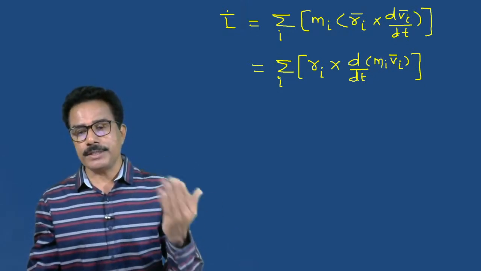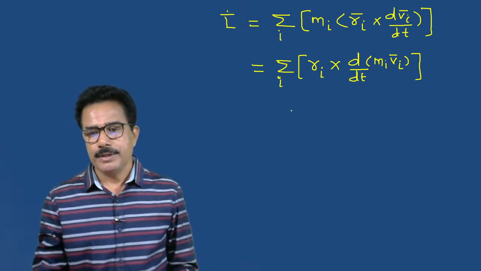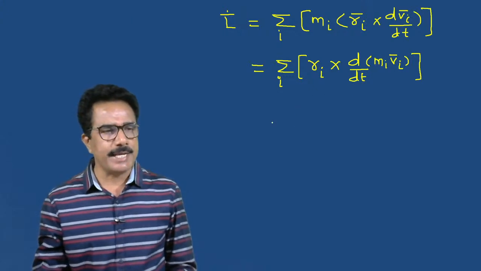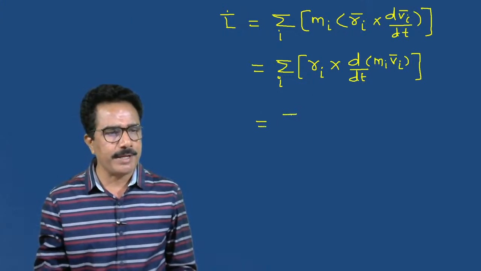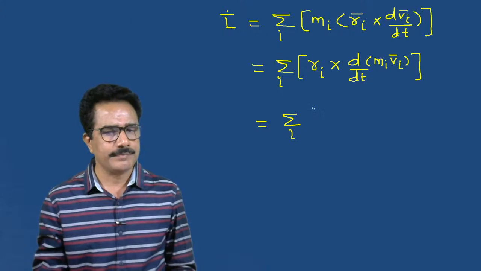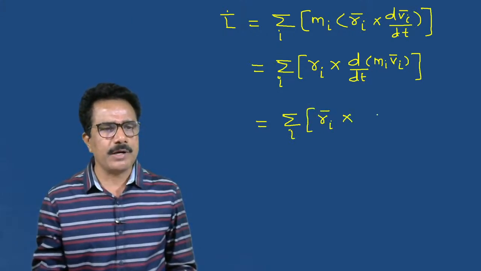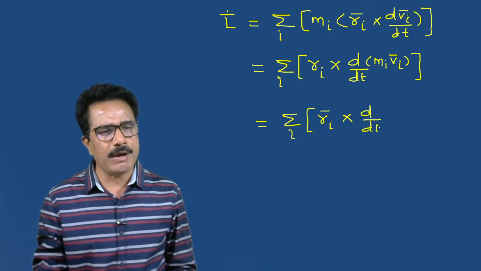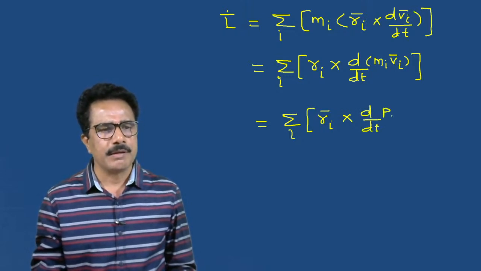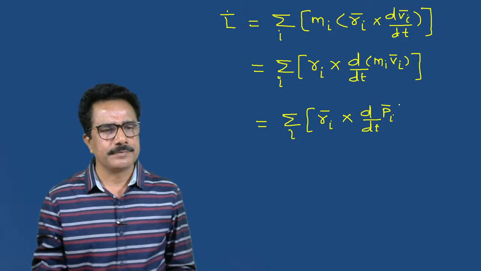Mass into velocity means linear momentum. So we can write this as pi bar: summation over i of ri bar cross d by dt of pi bar.